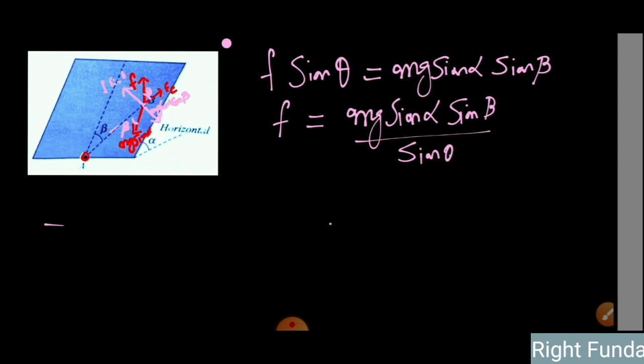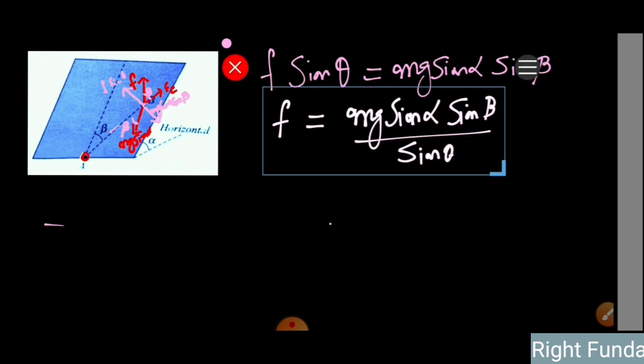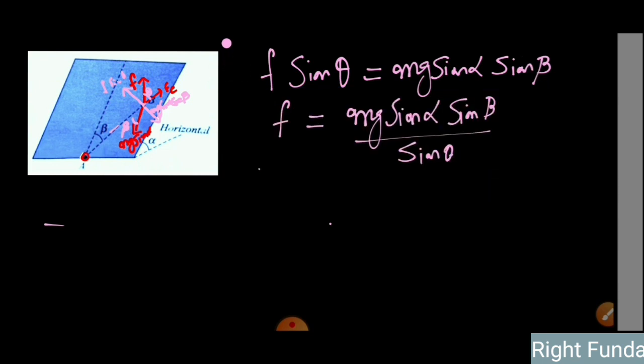This is the value of the friction force in terms of alpha, beta, and another unknown variable theta.